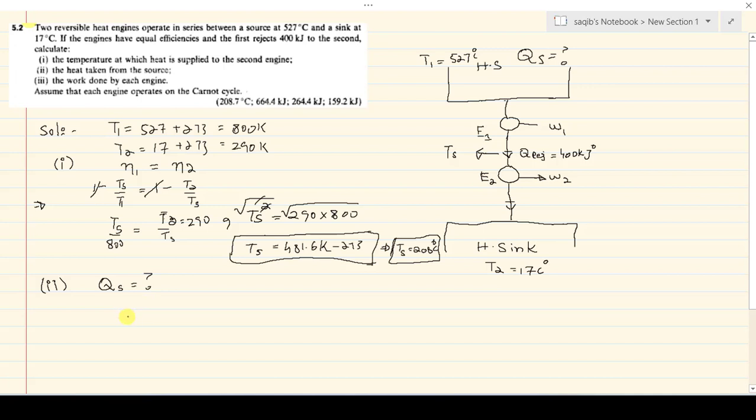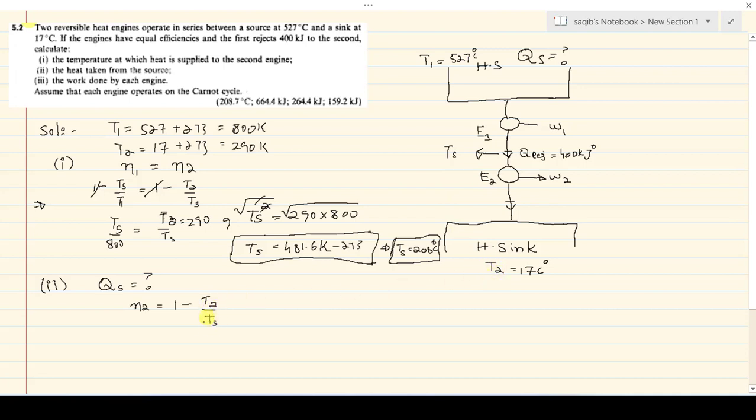So we will find the efficiency with the help of the temperatures of engine 2. So 1 minus T2 divided by Ts. Engine 2 works between these two temperatures, T2 and Ts. The supplied temperature is Ts and the heat sink temperature is T2.